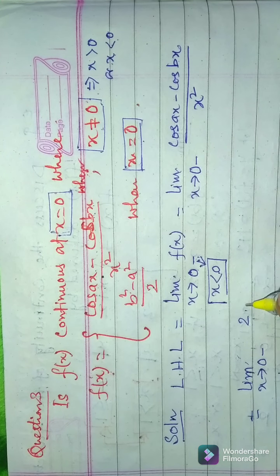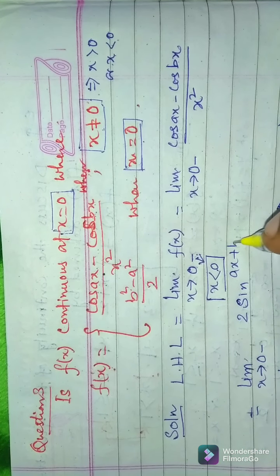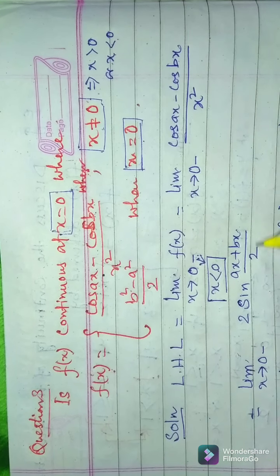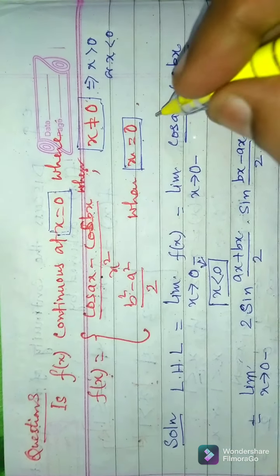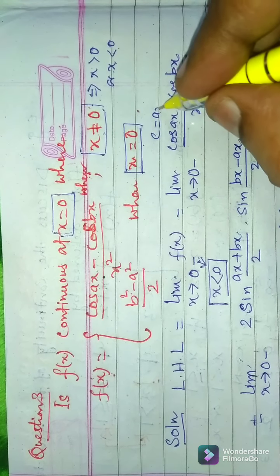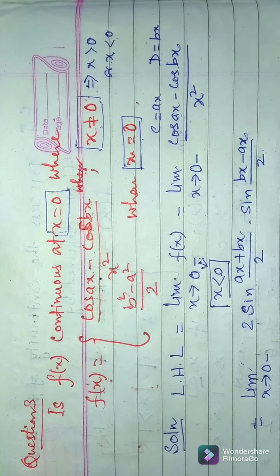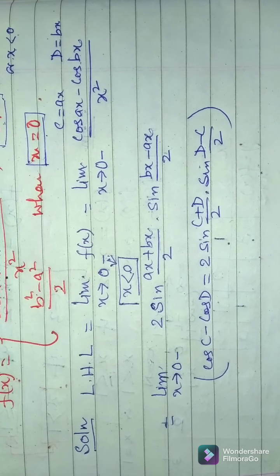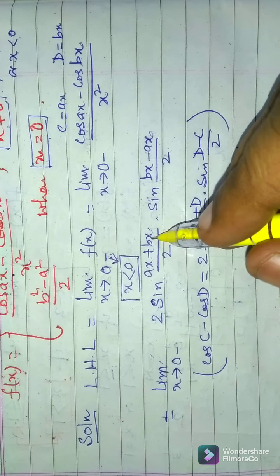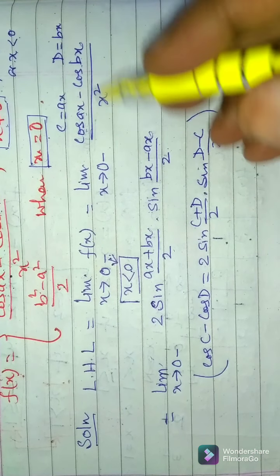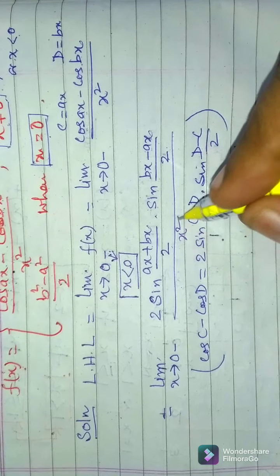Here I have taken c as ax and d as bx. So we can write 2 sine (ax plus bx) upon 2 into sine (bx minus ax) upon 2, and the whole is divided by x square.